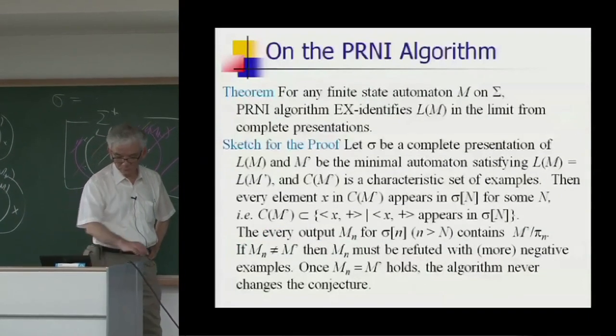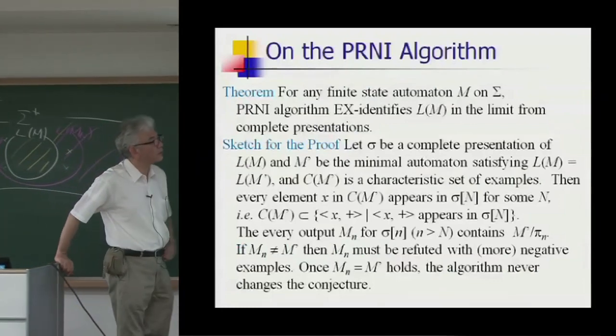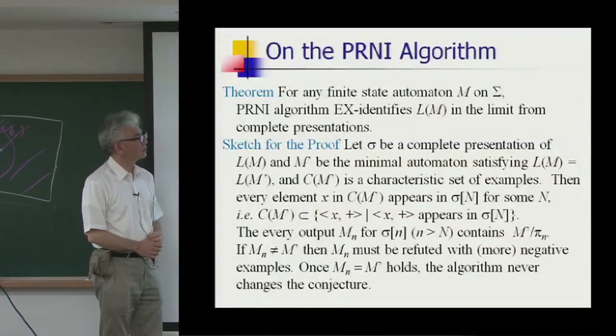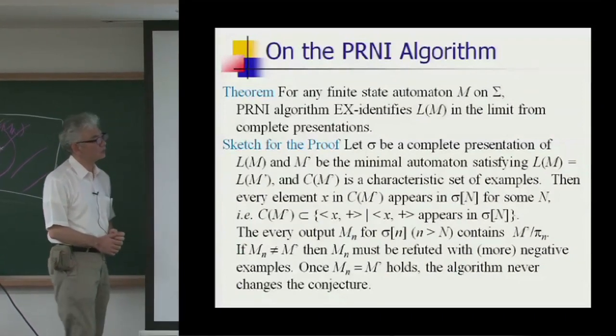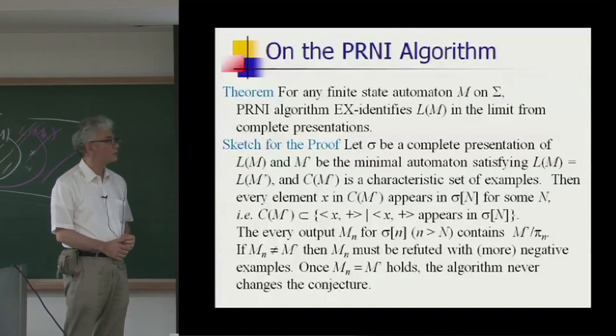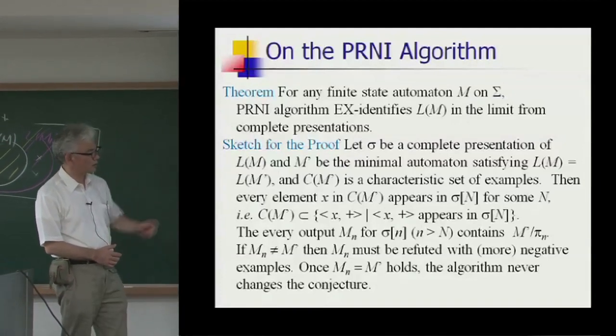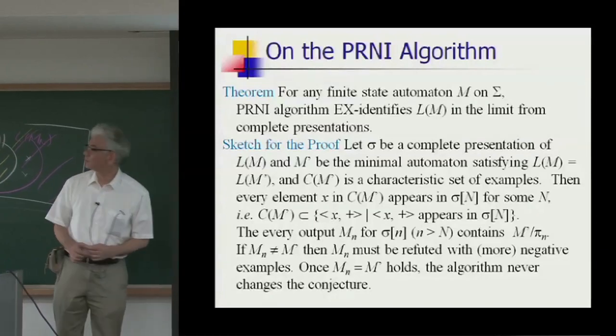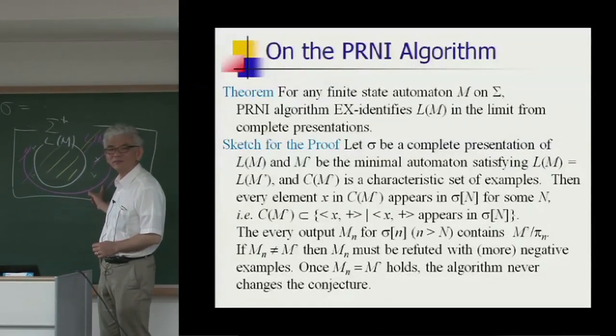Then, for any finite state automaton M over sigma, the pruning algorithm EX-identifies L(M) in the limit from complete representation. The sketch is written down here, but a very rough explanation like this is maybe enough.